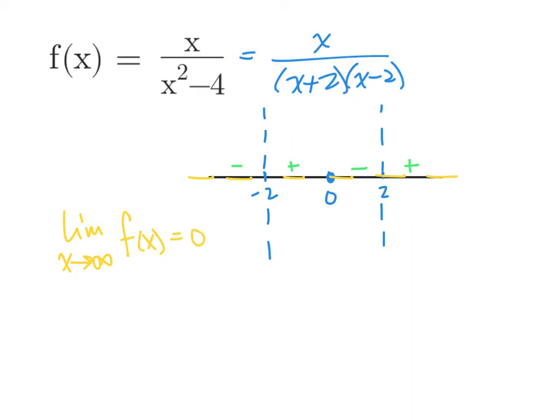So that means as x gets way out there, it's going to be positive, but it's going to approach 0, that x-axis. That's why the x-axis becomes an asymptote for us. Right? Similarly, as x approaches negative infinity, f of x is also going to be 0, which is why we have that horizontal asymptote on that end as well.